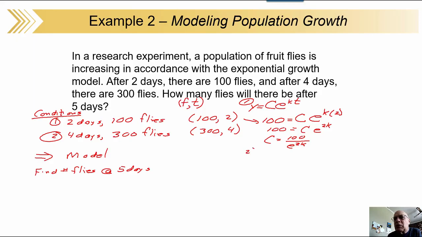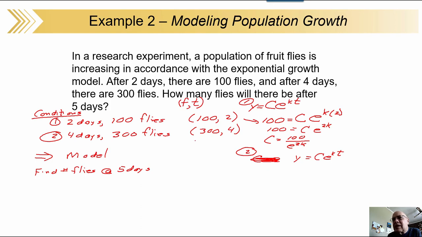Condition number 2, what do we have? Condition number 2 says y equals C e to the kt. Now from the other one, we have an expression for C. So in the second one we're going to put in what we can.